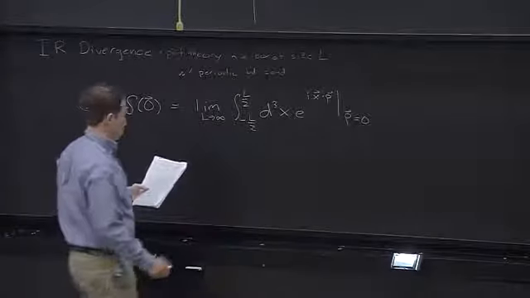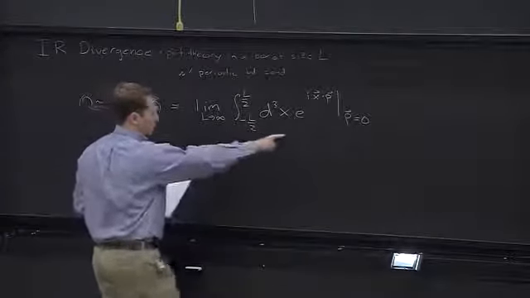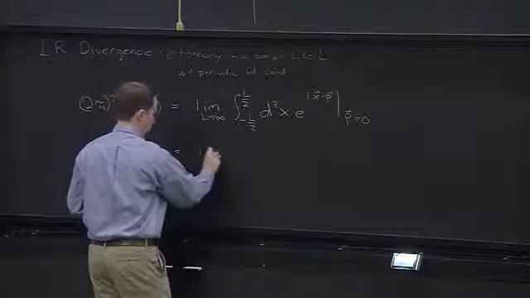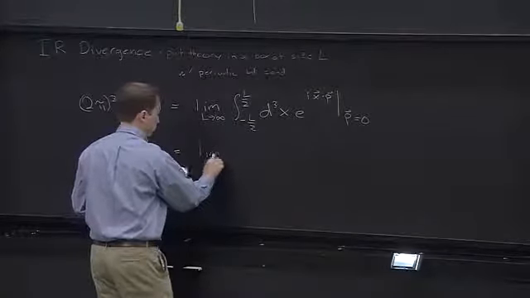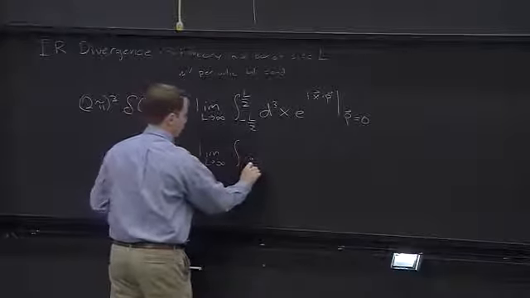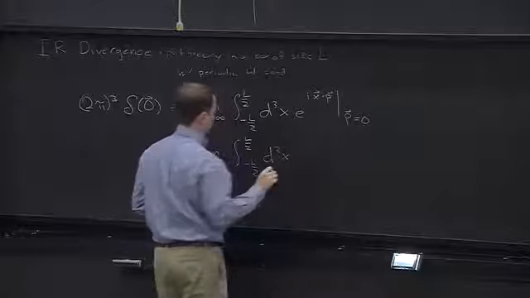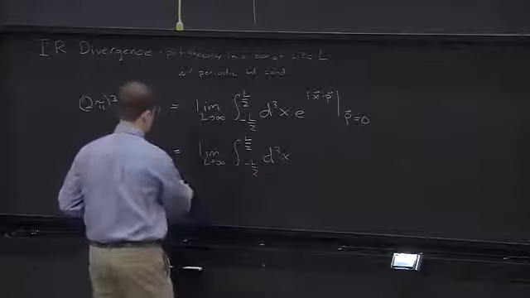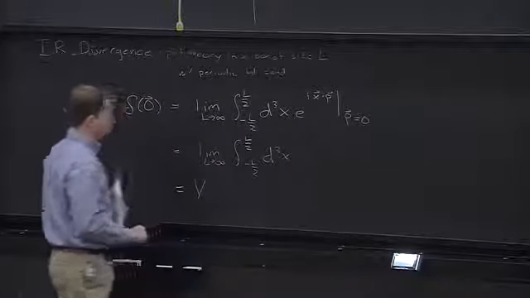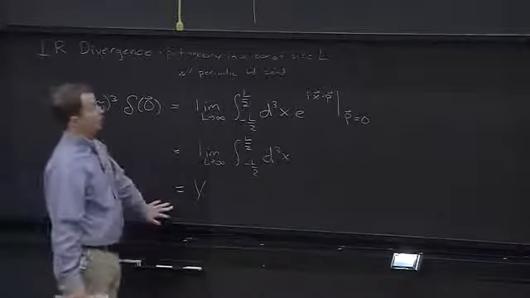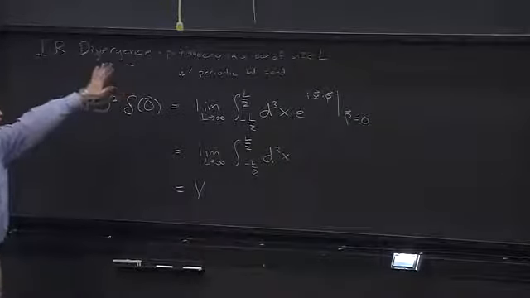But we can also write this right-hand side, if we set p equal to 0 first, as the limit L goes to infinity of the integral from minus L over 2 to L over 2 of d^3x, which is just the volume of space. So we get a divergent ground state energy.